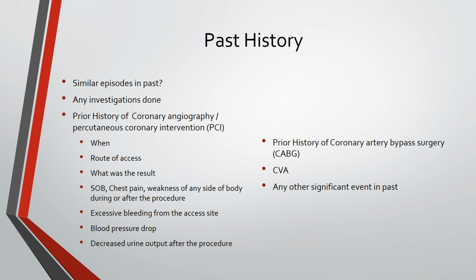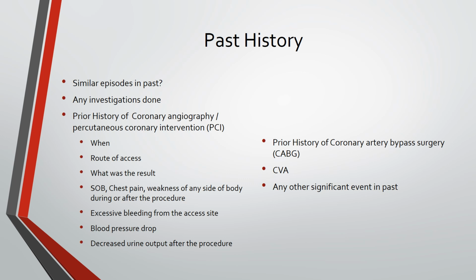The next step in history taking is to elicit a detailed past history, which will include the history of any similar episodes in the past, or any investigations done in the past, prior history of coronary angiography or percutaneous coronary intervention, whether it has been done or not.